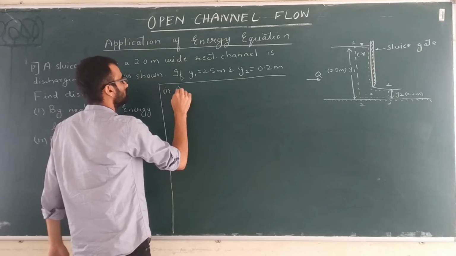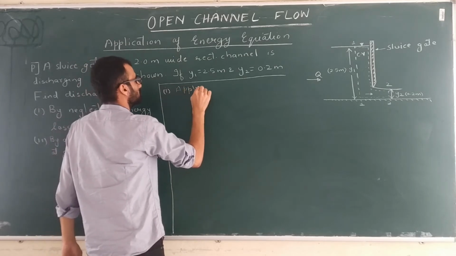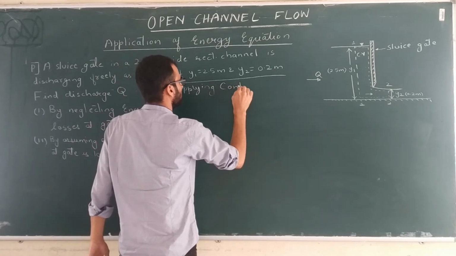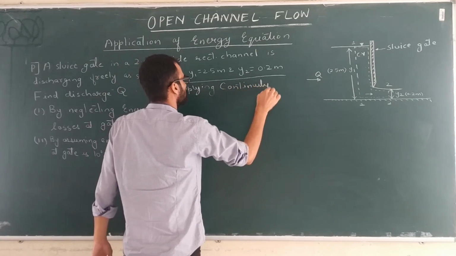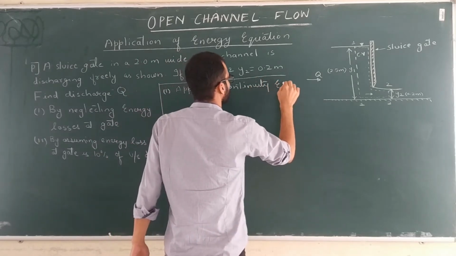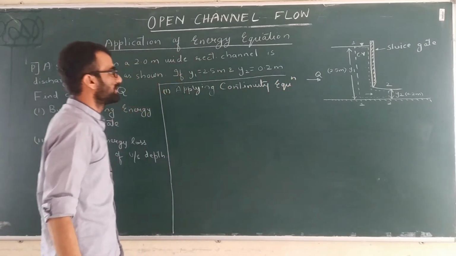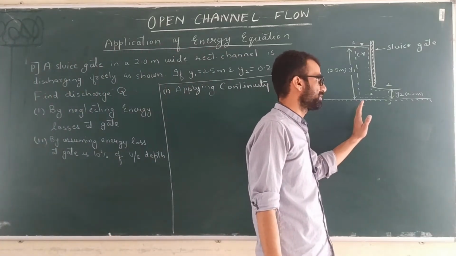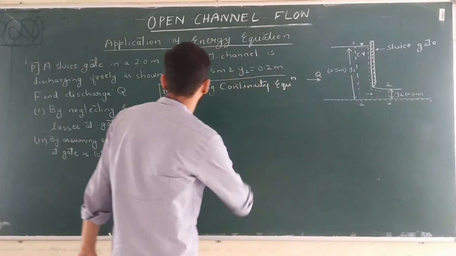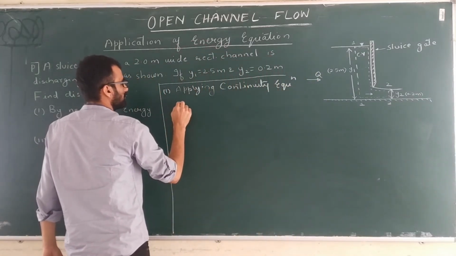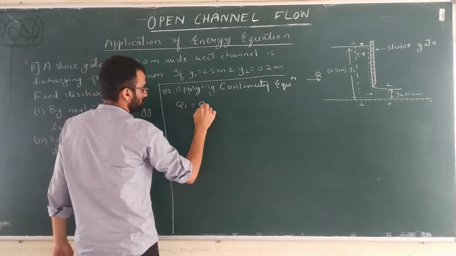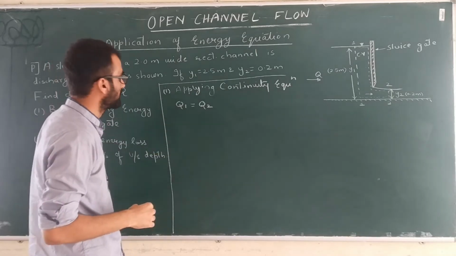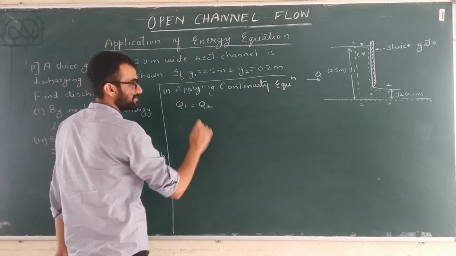So applying the continuity equation at both surfaces, surface 1-1 and surface 2-2, Q1 should be equal to Q2. This is our continuity equation. The discharge at surface 1 should be equal to the discharge at surface 2, since mass is conserved.